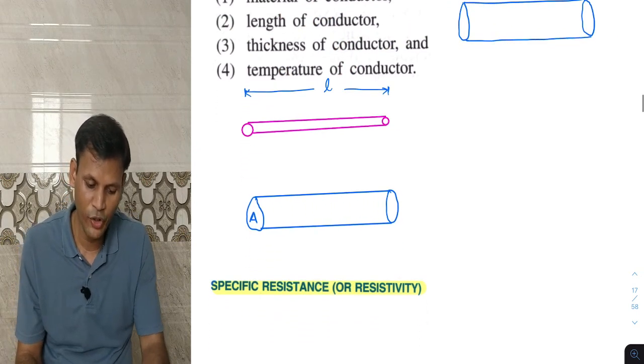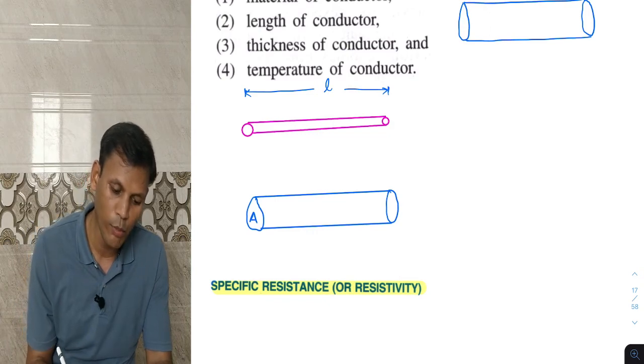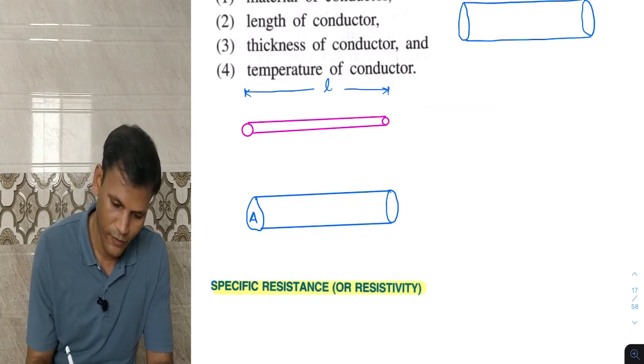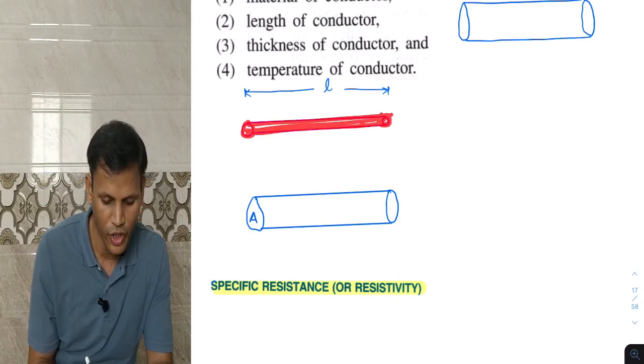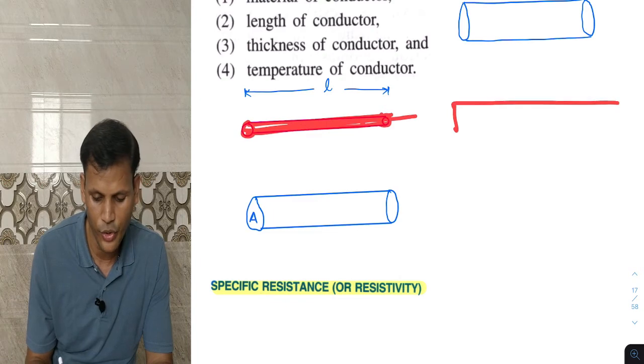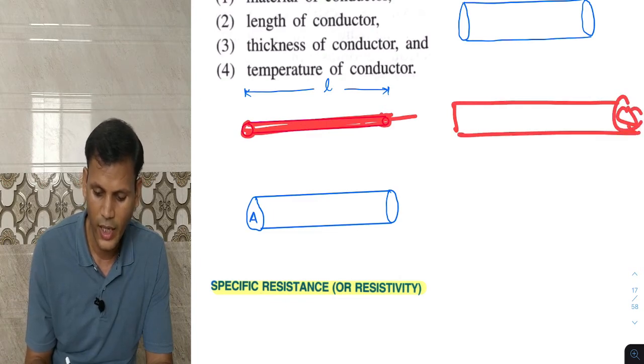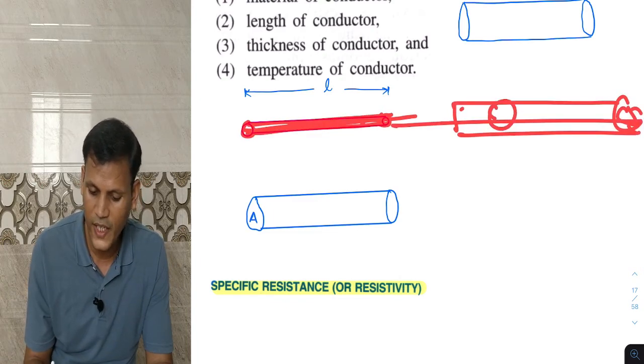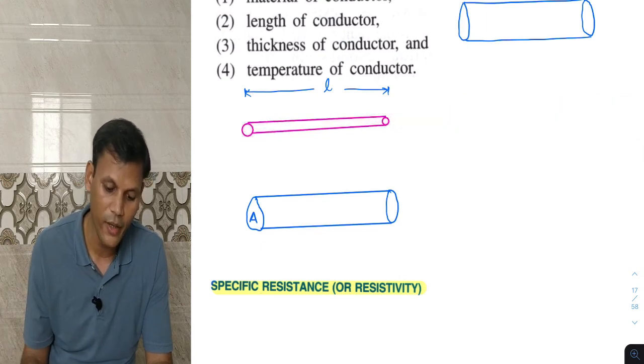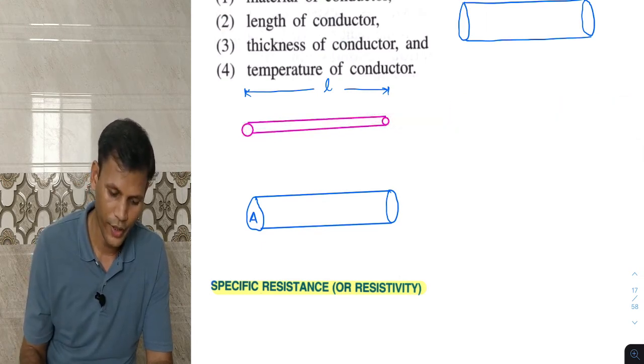So for that I have mentioned over here कि if length is more, that for that I have drawn this diagram कि if length is this one, then number of electrons will flow through it. If we are going to increase the length, so electron का collision ज़्यादा होगा, so resistance will be more. Okay.